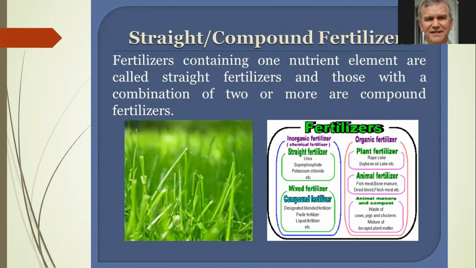You can have the waste from cows, pigs, chickens, dairy cows, rabbits, all kinds of animals. And you can even have soybean meal or neem cake or garlic meal. All of these things ultimately fall under the category of organic fertilizers, and they're all compound fertilizers.